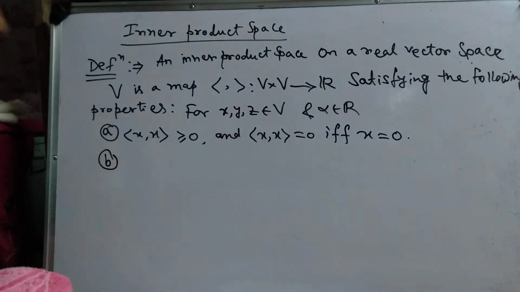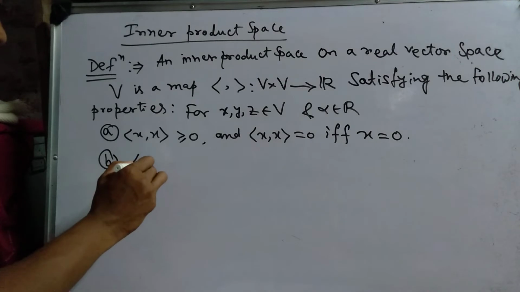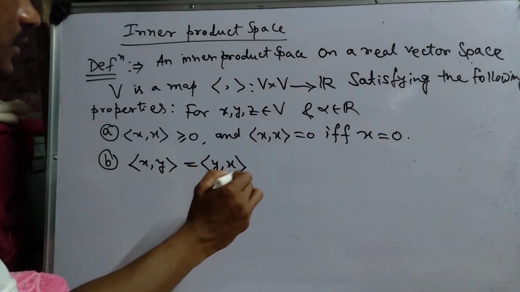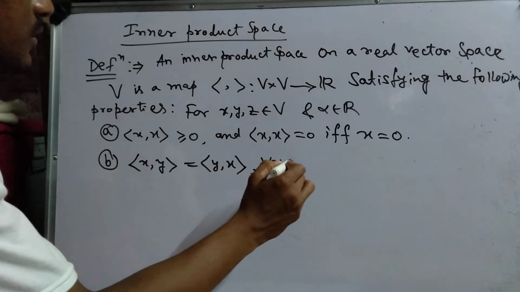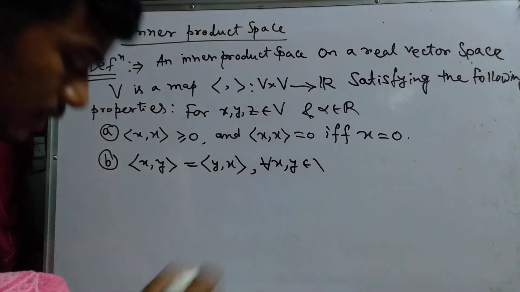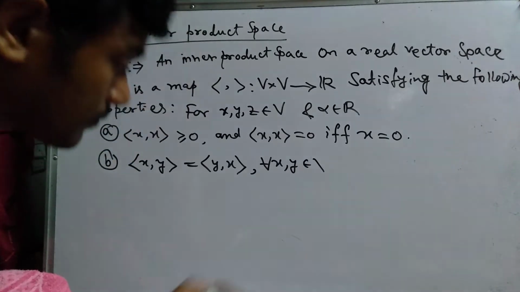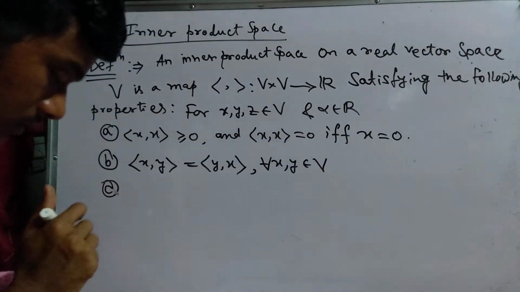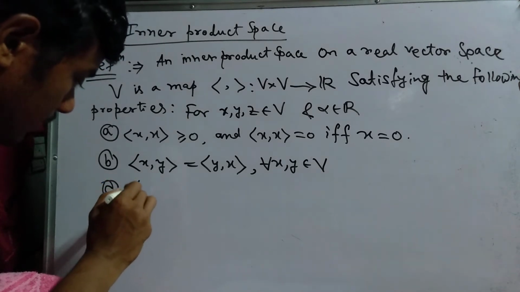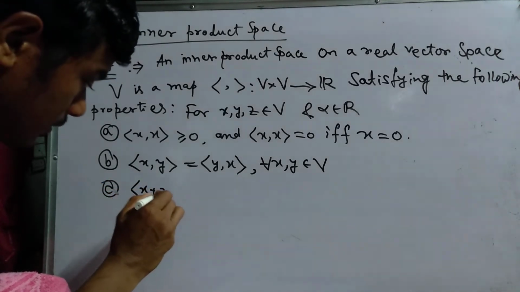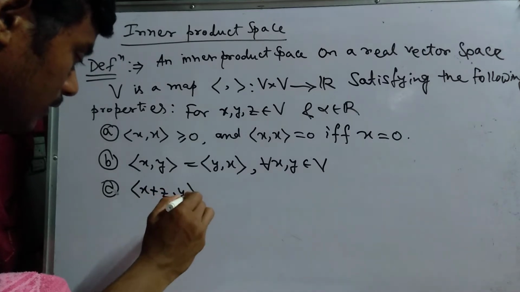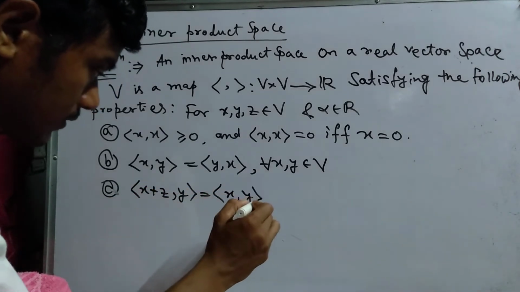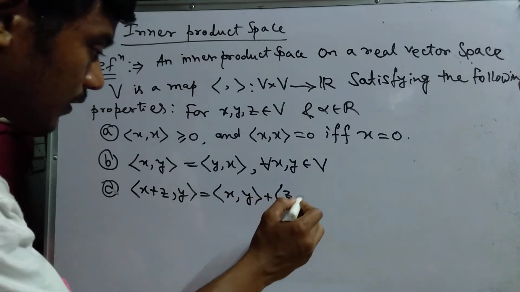Property B: x inner product y equals y inner product x for all x, y belongs to V. Property C: (x plus z) inner product y equals x inner product y plus z inner product y.